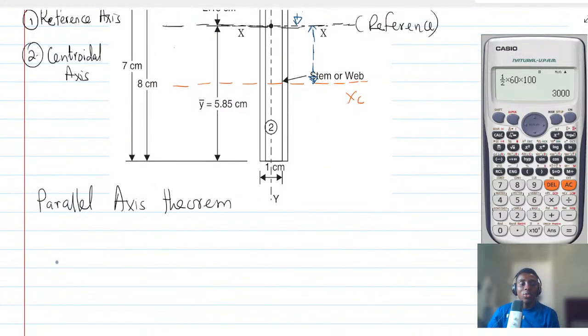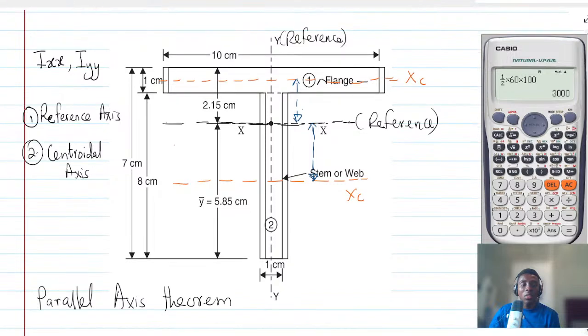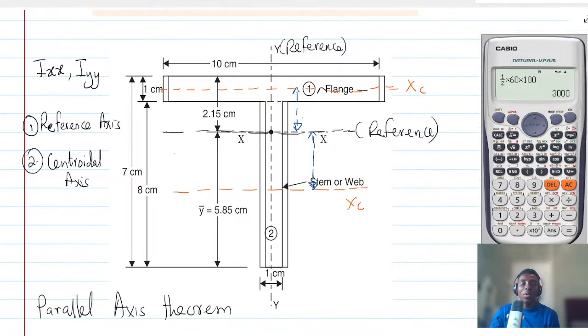Okay, so we know that x bar is going to be summation ai x bar i, all divided by summation ai. Now let's come back to the figure.